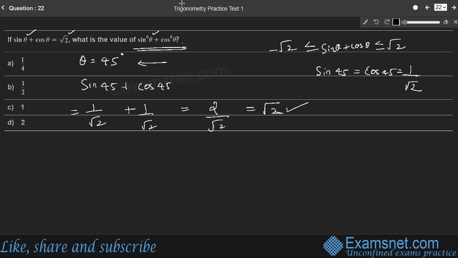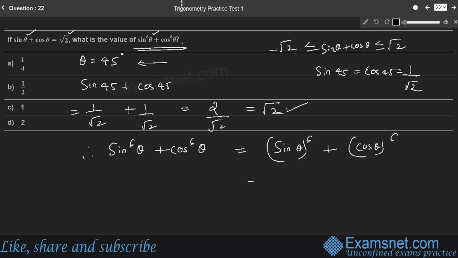Then what is the value of sine raised to 6 theta plus cos raised to 6 theta? Sine raised to 6 theta can be written as sine theta to the power of 6 plus cos theta to the power of 6. What is theta? 45 degree. So sine 45 degree to the power of 6 plus cos 45 degree to the power of 6.